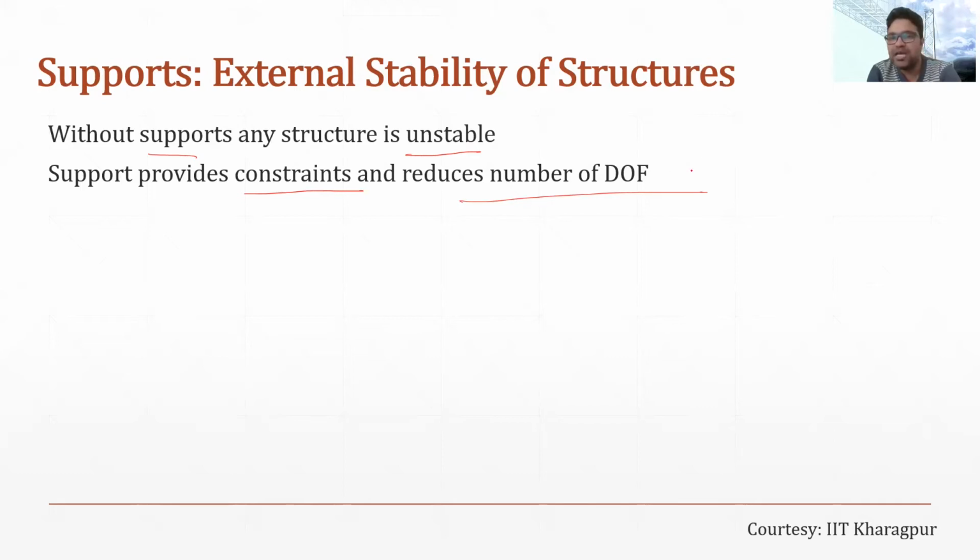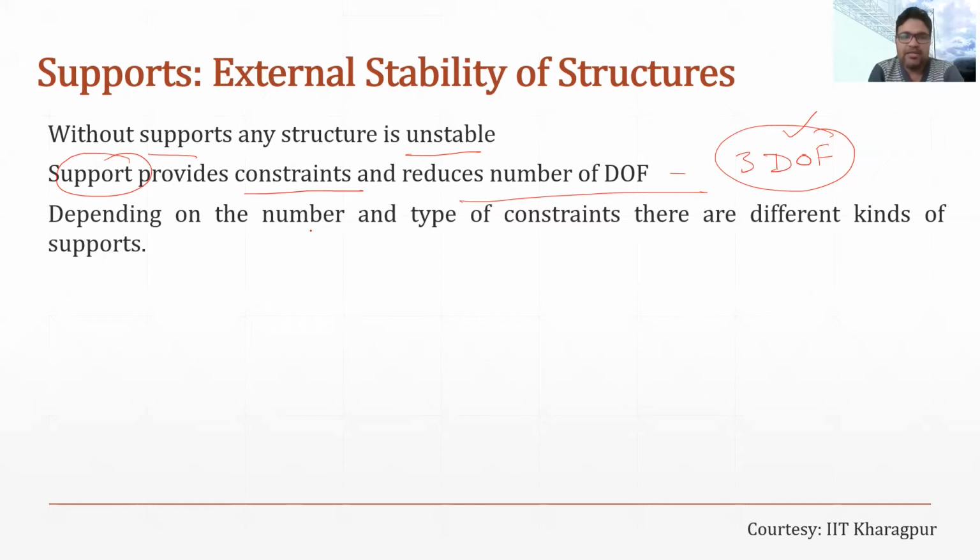So in the 2-dimensional system, we have 3 degrees of freedom: translation in x, translation in y, and rotation about z. To reduce these degrees of freedom, we provide supports. Now here we will understand the various types of supports that we generally use in our structural system to prevent rotation or translation.